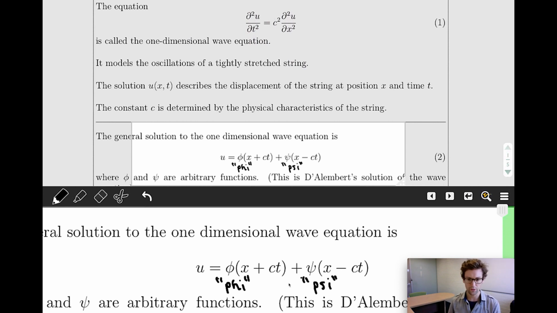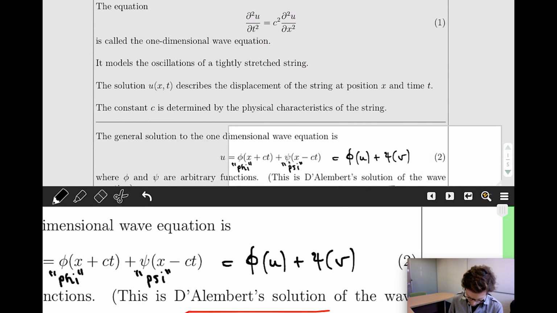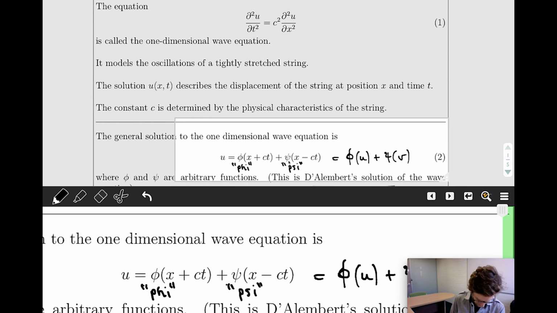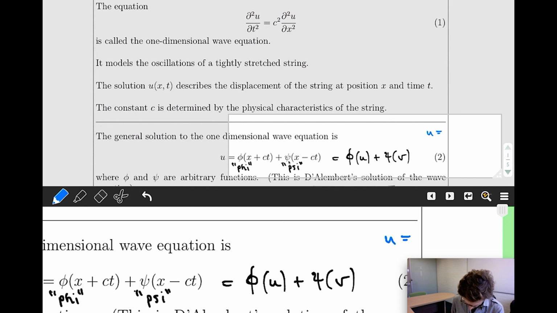An interesting thing that you notice about phi and psi here is they're actually functions of one variable only. So phi is a function of u, and psi is a function of v, where u is equal to x plus ct, and v is x minus ct.